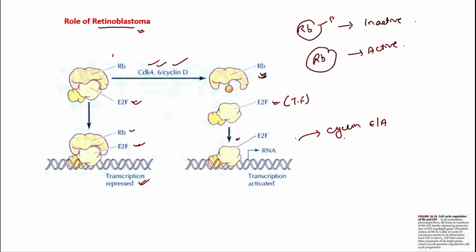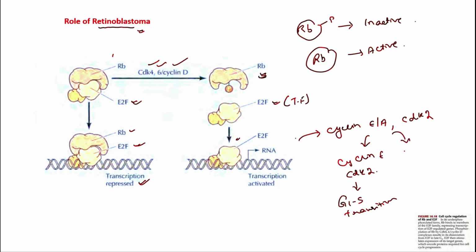So here E2F is working as a transcription factor for the synthesis of cyclin E as well as cyclin A. With it, CDK2 is also activated. So cyclin E and CDK2 are responsible for the G1-S phase transition.